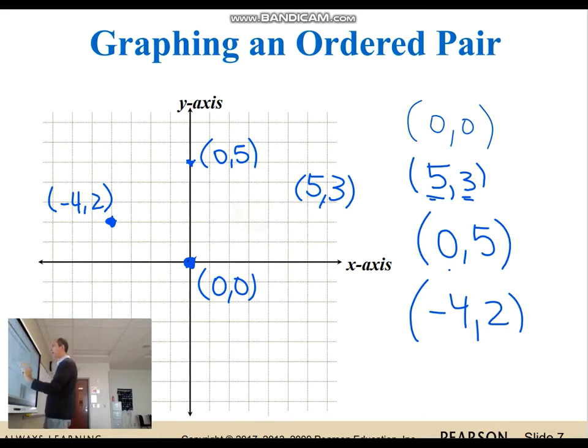Okay, I think I erased 5, 3. This is 5, 3. And more examples, let's say -6 and 0.